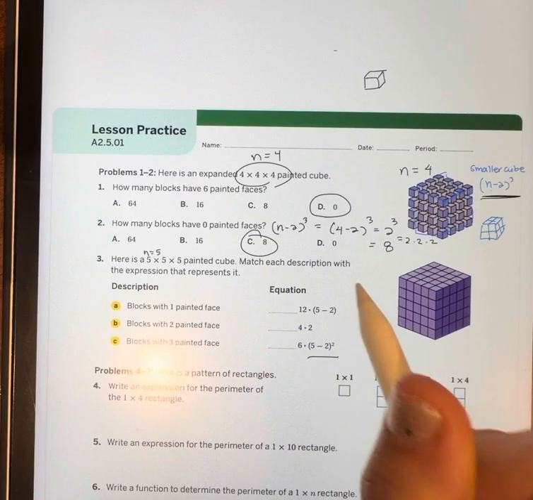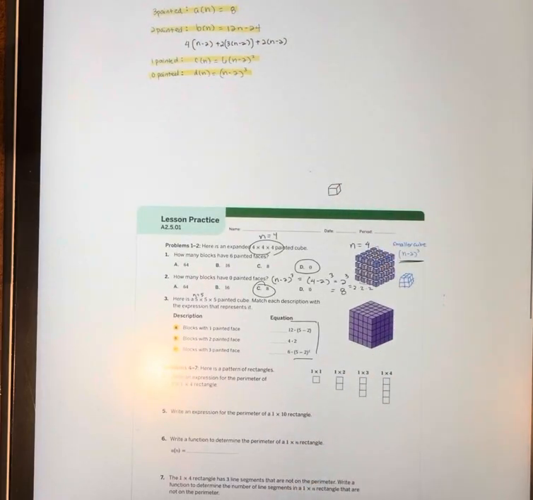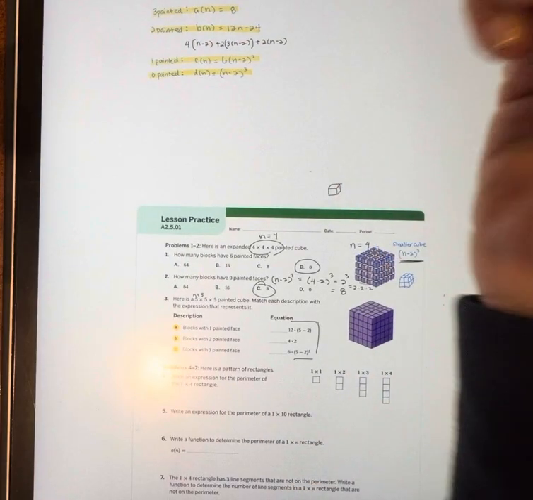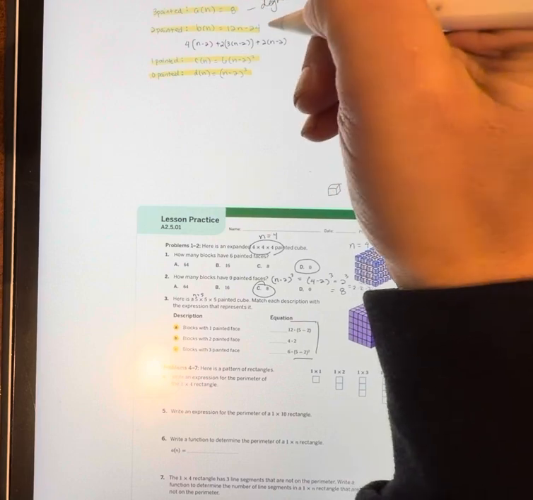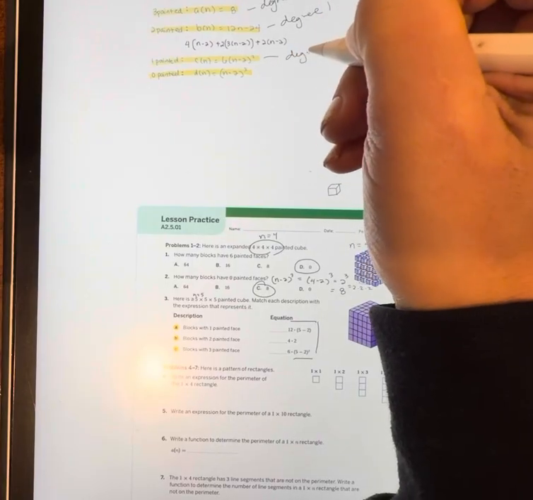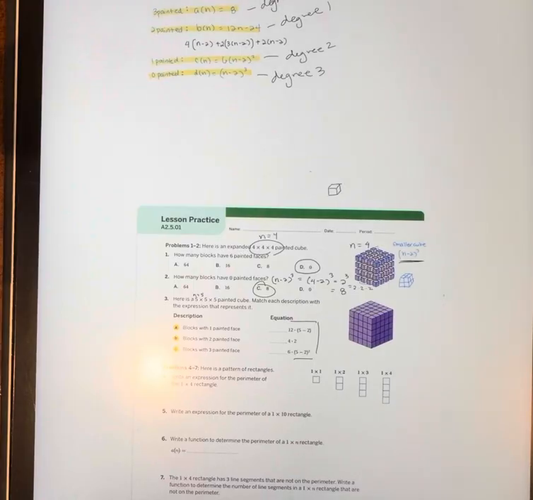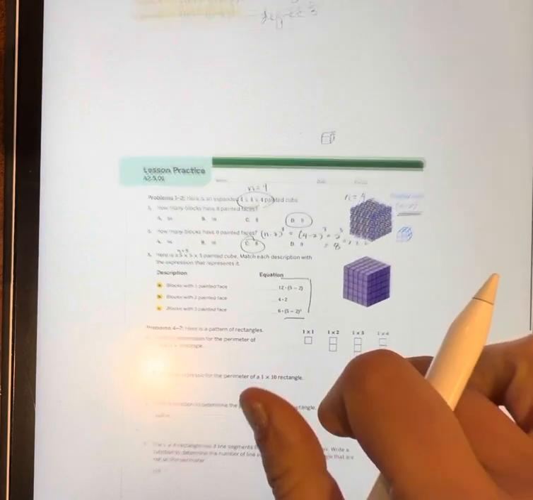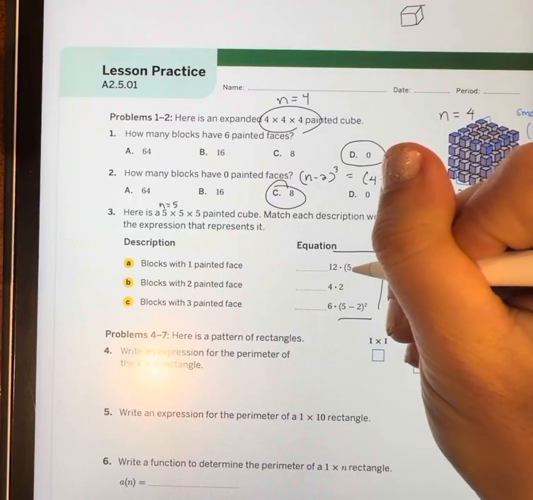I mean, we can match these up fairly nicely with these formulas. You can also look at the fact that this one is degree 0. This one is degree 1. That one is degree 2. And that one is degree 3. Remember degrees from polynomials?